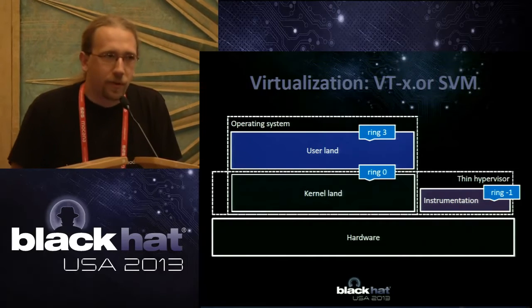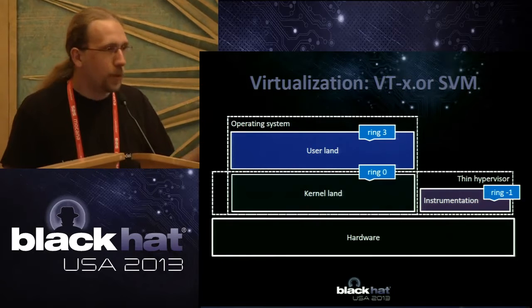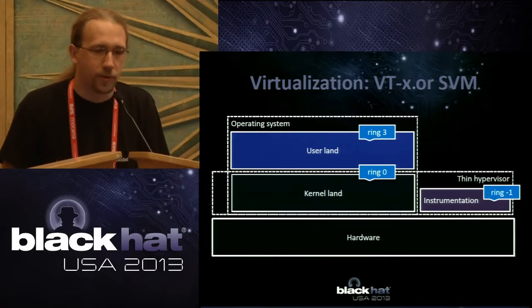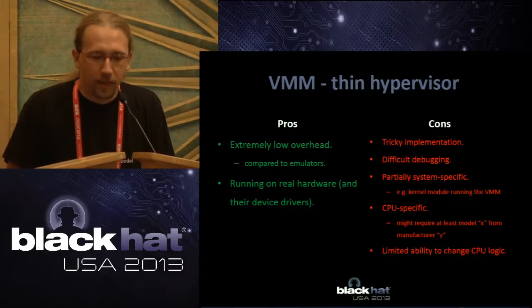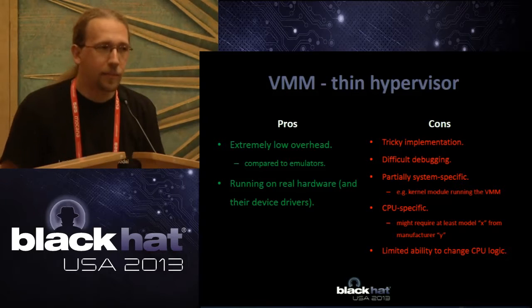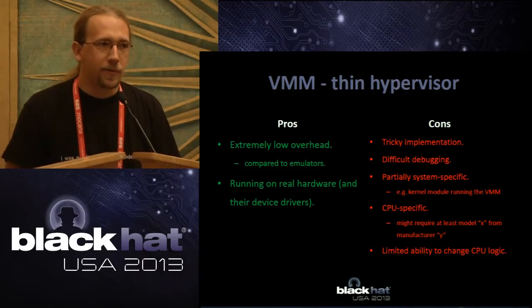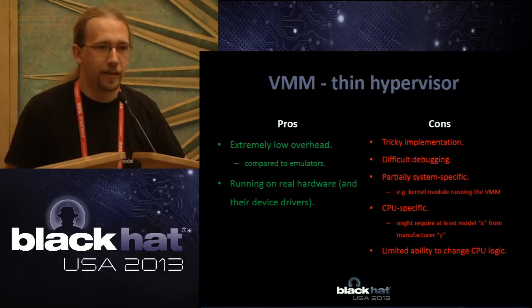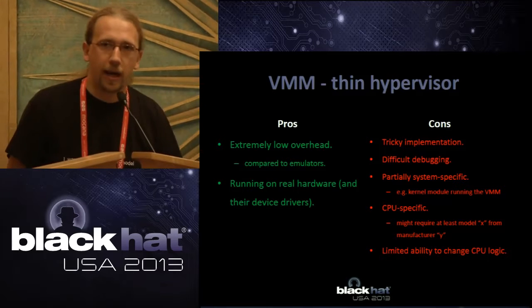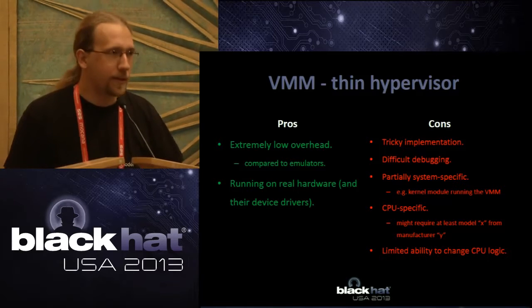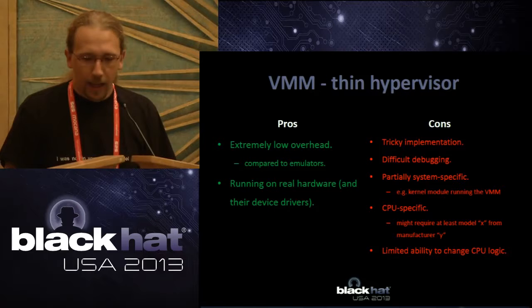Other approaches include, for example, using hypervisors, as in hardware virtualization, be it VT-x or AMD SVM. A thin hypervisor is really nice because, first of all, it has an extremely low overhead. It's really, really fast. And it allows you to run on real hardware, which means that you can test all the modern drivers as well.